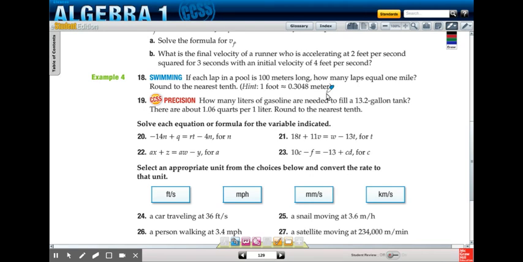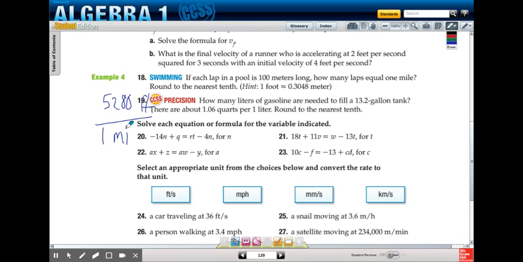So we have 5,280. That's beautiful. Let's try that again. 5,280 feet. So you have 5,280 feet in 1 mile. Okay?